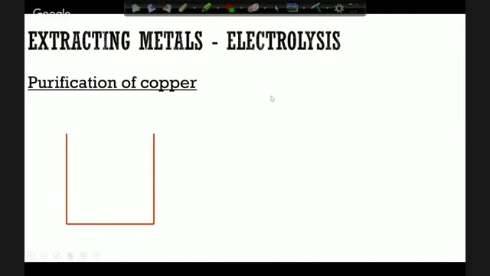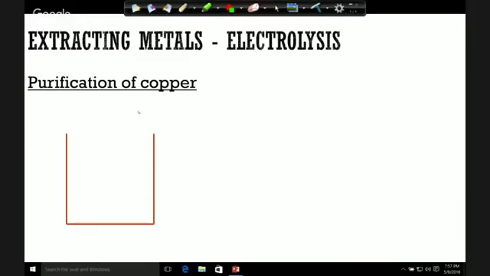Okay, as well as the basic separation of metal compounds using electrolysis, we also need to know about the purification of copper. And that is when you have special electrodes. So you will still have your negative and your positive electrode, but you want to have a really impure piece of copper with loads of impurities in it.